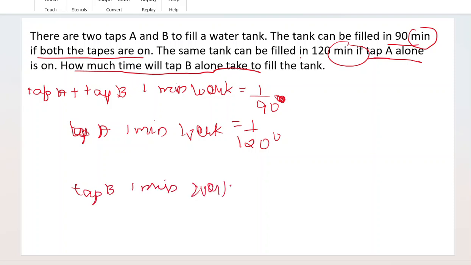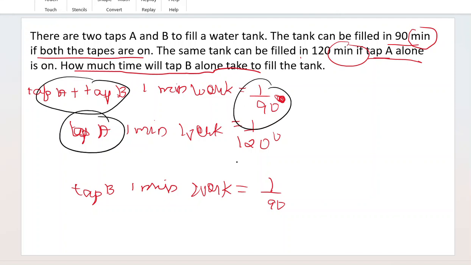Now how do I get tap B's 1 minute work? I take the total. Total is tap A plus tap B, which is 1 by 90. And I subtract only tap A from it. I take 1 by 120 from it, and I see what is the answer.